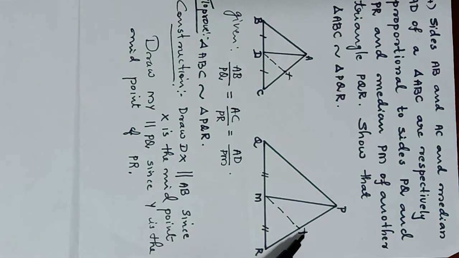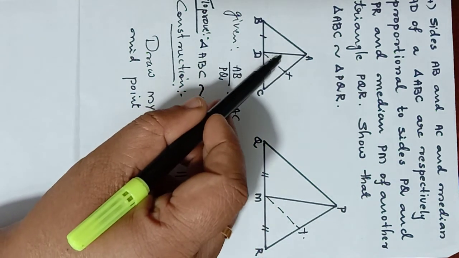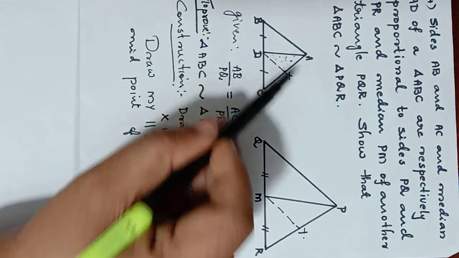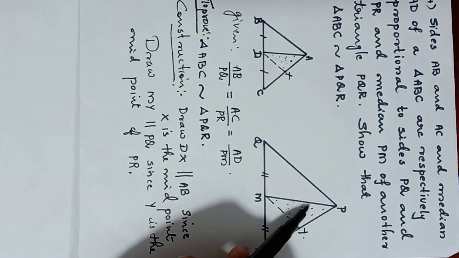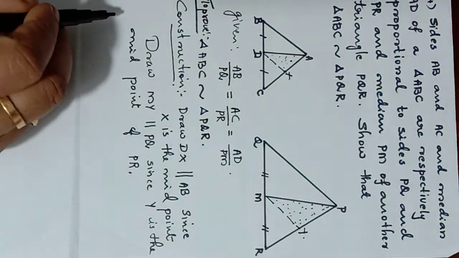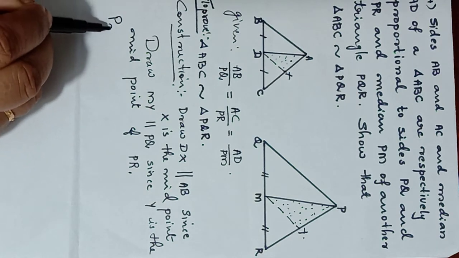Similarly, MY parallel to PQ and MY is equal to half of PQ. So our idea is proving this triangle ADX similar to triangle PMY. Let us see the corresponding parts of this. So this comes as our proof.